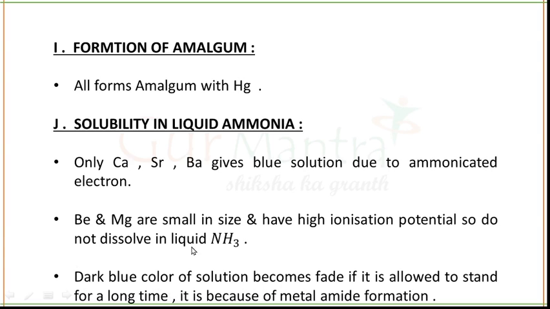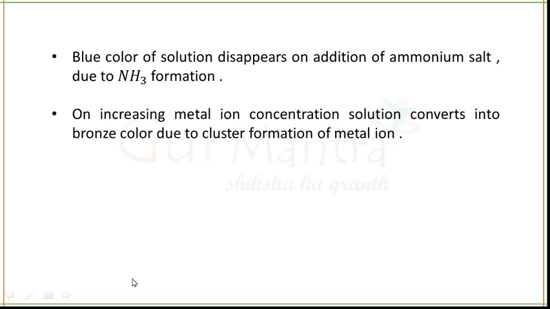This is because of metal amide formation. The blue color of the solution disappears when you add some ammonium salt, as you have seen in the group 1 case, due to NH3 formation. And on increasing the metal ion concentration, the solution converts into a bronze color due to the cluster formation of metal ions.